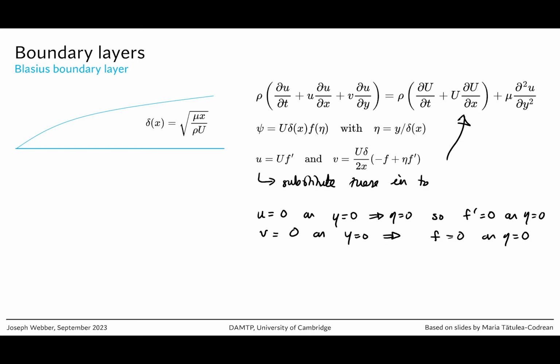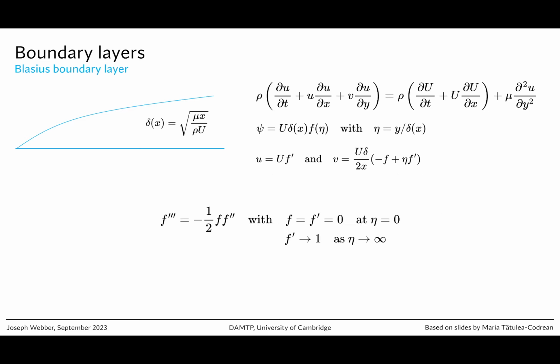And finally, we want u to tend towards capital U as eta goes off to infinity, as y over delta becomes large and we go into the main flow. So we just need f prime goes to 1 as eta goes to infinity. So to sum this up, that's the equation we end up with once you substitute for f, and these are the boundary conditions we derived earlier.